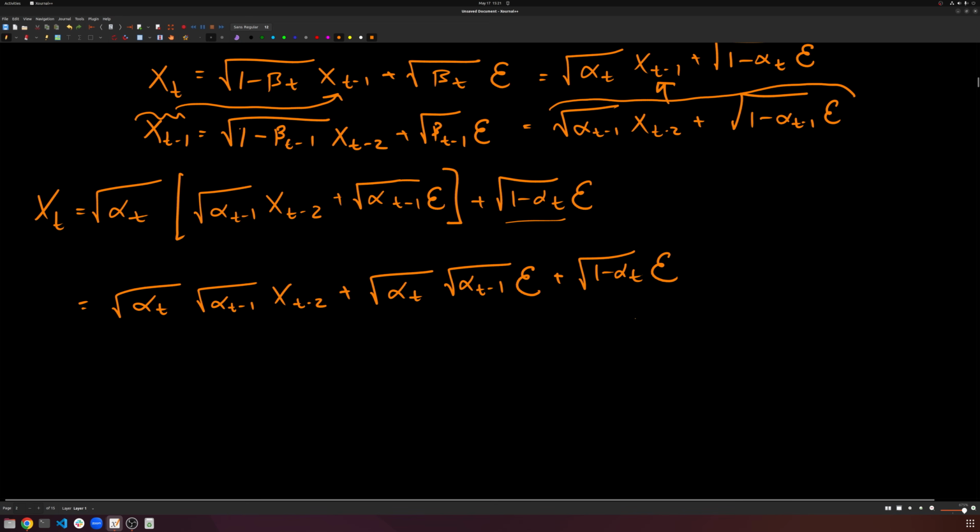And now what I want you to look at is this. This is a normal distribution, where epsilon has mean 0, and we're multiplying by a constant. So that means it's a normal distribution with mean 0 and variance, just like before, in this case alpha_t times (1 minus alpha_{t-1}).